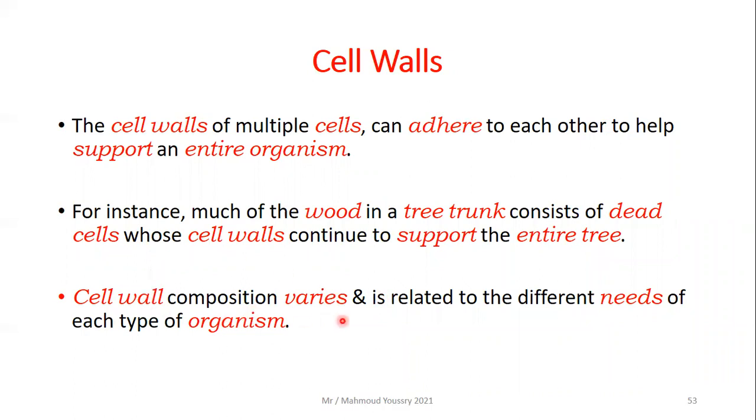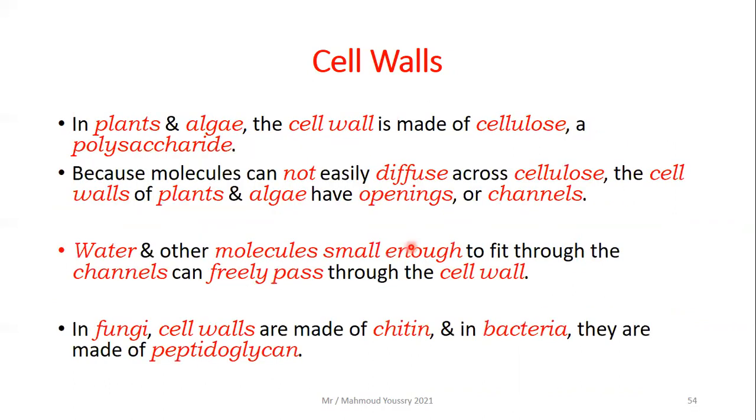Cell wall composition varies and is related to the different needs of each type of organism. Let's see. In plants and algae, the cell wall is made of cellulose, which is a polysaccharide, as we discussed in a previous section. Because molecules cannot easily diffuse through or across cellulose, the cell walls of plants and algae have openings or channels to allow the molecules to pass through them.